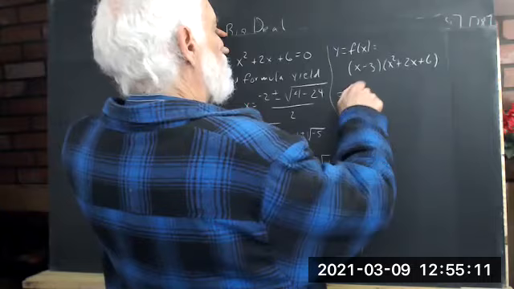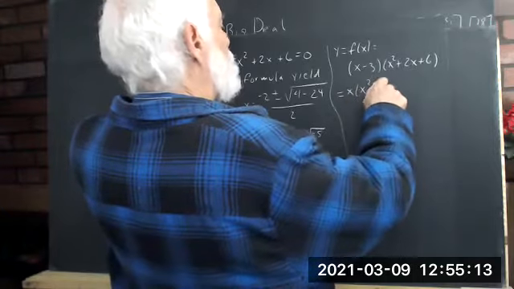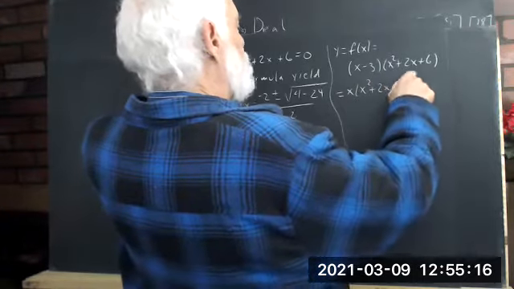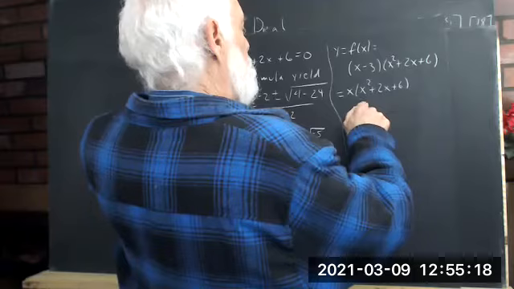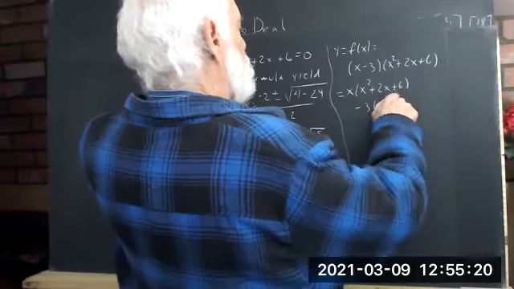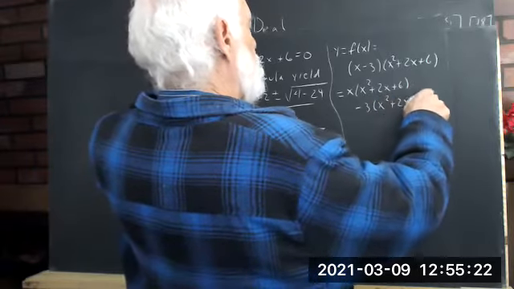Well, we would get x times x squared plus 2x plus 6 minus 3 times x squared plus 2x plus 6.